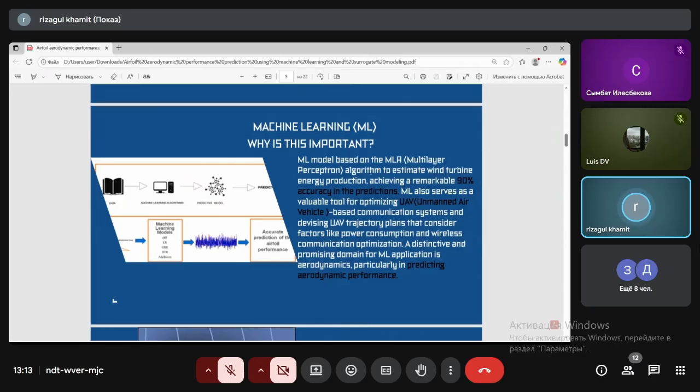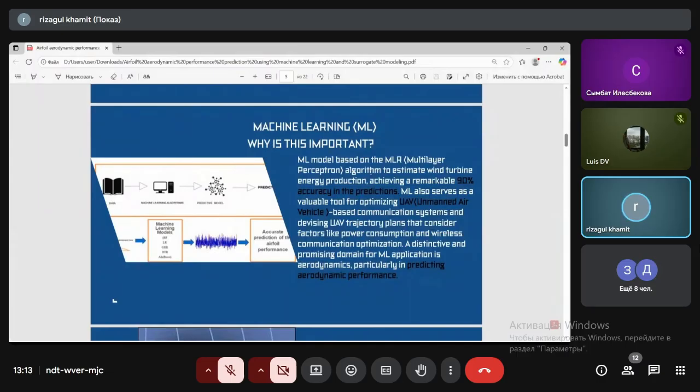It is based on the multi-layer perceptron or MLP. Machine learning also serves as a valuable tool for optimizing unmanned air vehicle-based communication systems and devising UAV trajectory plans that consider factors like power consumption and wireless communication optimization.